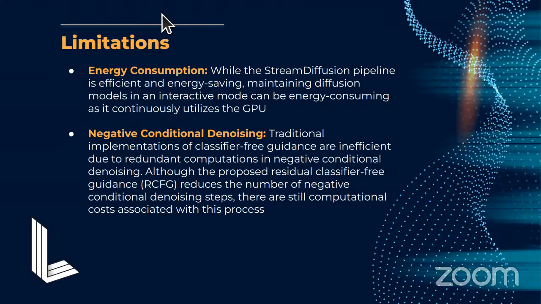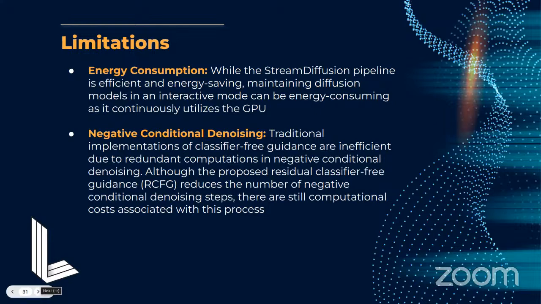On the limitations, when we talk of stream diffusion, we generally talk about the pipeline and the models. In terms of energy consumption, the pipeline is efficient and energy saving, but maintaining the diffusion models in an intensive mode can be energy consuming because it continuously uses the GPU.